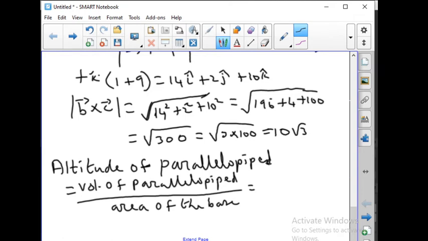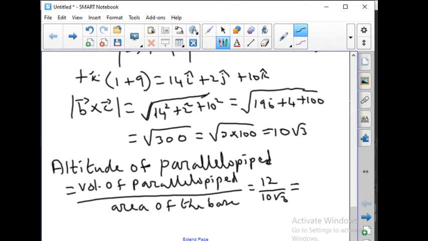So, what is the volume of the parallelepiped? It is 12. And the area of the base is the modulus of B vector cross C vector, and it is 10 root 3. So, we can rationalize the denominator.